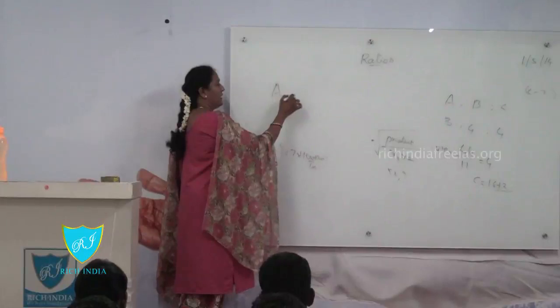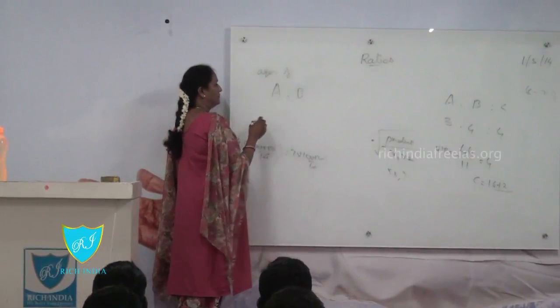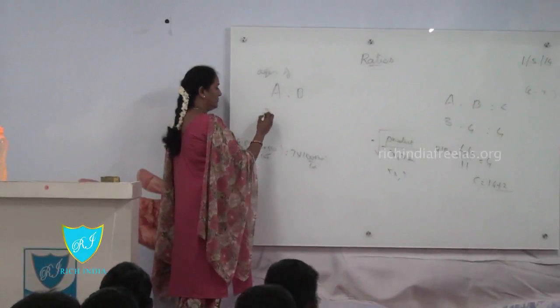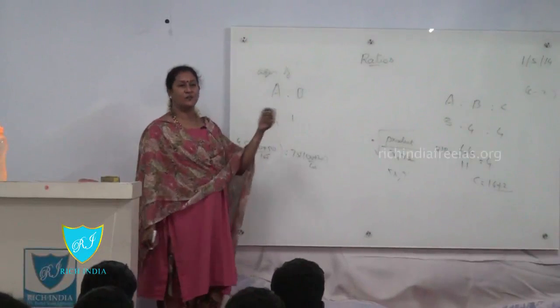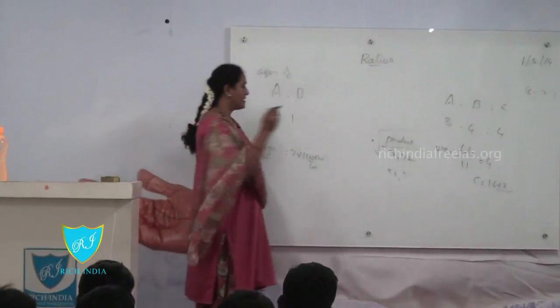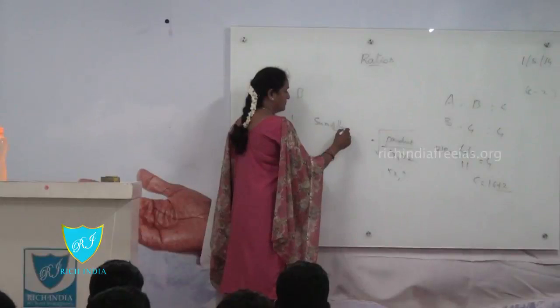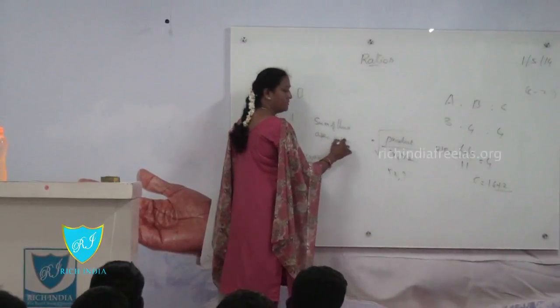Suppose A and B's ages are in the ratio 2 3/4 to 1, and the sum of their ages is 60.